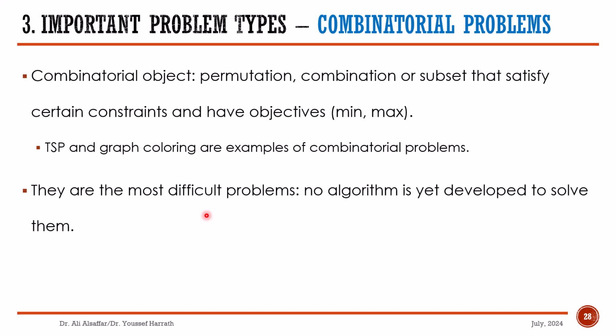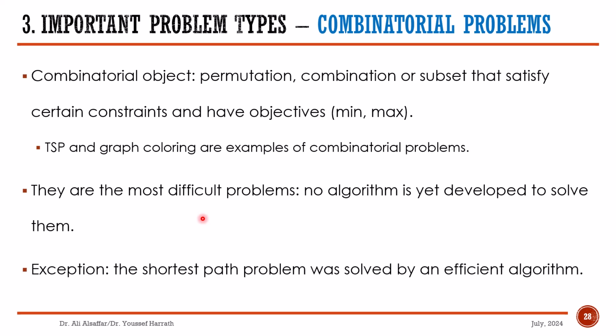Generally speaking, combinatorial problems are the most difficult problems in computing from both a theoretical and a practical standpoint. No algorithm is yet developed to solve them efficiently. Some combinatorial problems can be solved by efficient algorithms, but they should be considered exceptions to the rule. The shortest path problem is an example.